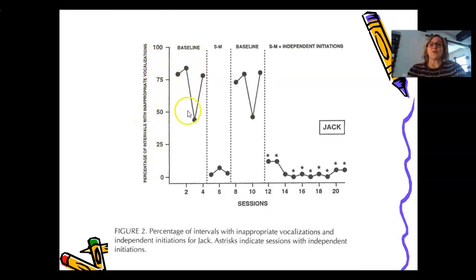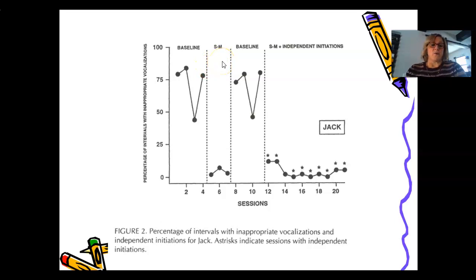Anyway, so percentage of intervals with inappropriate vocalizations. Prior to the start of intervention, we saw variable and high levels of inappropriate vocalizations occurring, with a minimum of about 48% of intervals having inappropriate vocalizations to as high as close to 80% of the intervals.